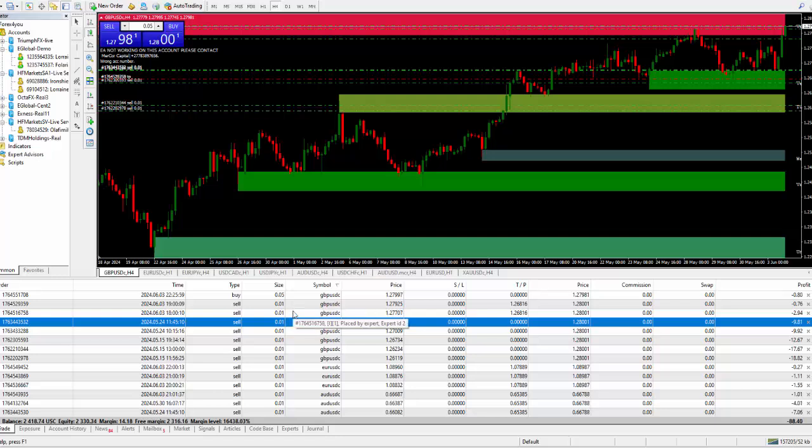Robot 2. So we don't have any issue with this, because we are using this robot 2 to generate extra income on pounds when we are using chart 1, which already has the edge. We are using expert number 2 on pounds USD to do rollover on expert number 1.